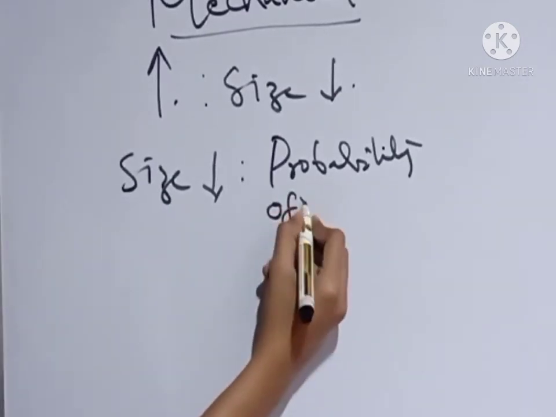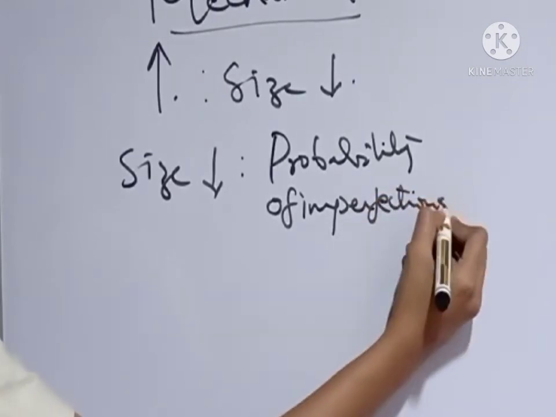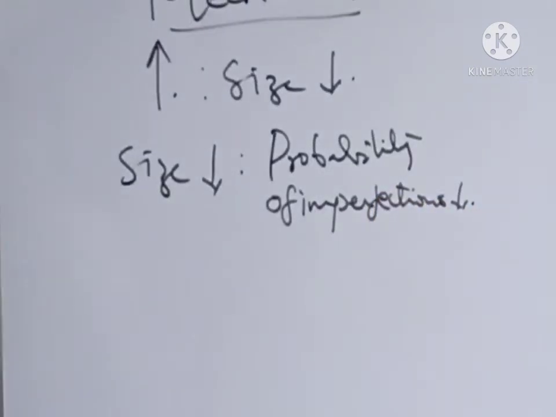So we can say the size of particles is related to imperfections.